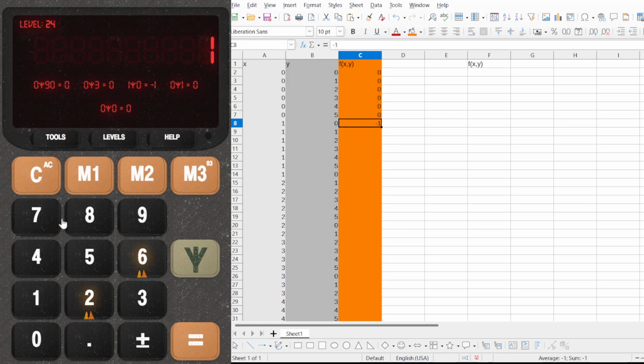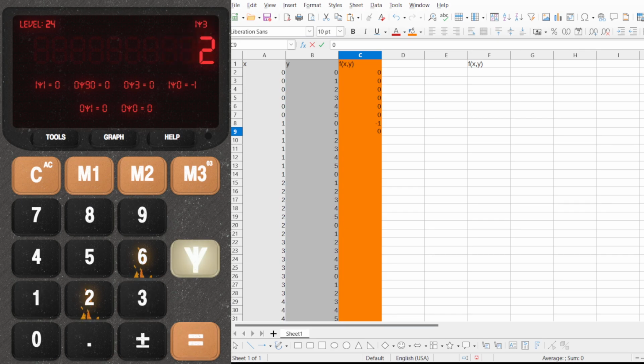Let's go for 1, 1. It's a 0. 1, 3. It's a 2. Okay, yeah, it's the difference of... Is it a difference function?